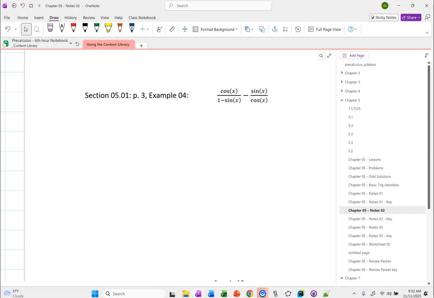What algebra thing could I do here? You cannot cross multiply as a solving technique. There's no equal sign to do cross multiplication. So that's not an available thing to do. In fact, it's not on our algebra list ever. You can multiply fractions straight across. Cross multiplication is a solving technique. You need an equal sign in between your two fractions to use that.